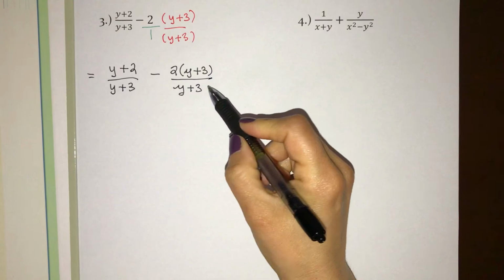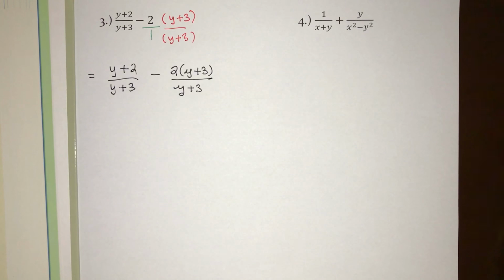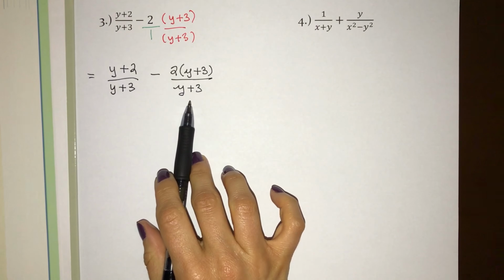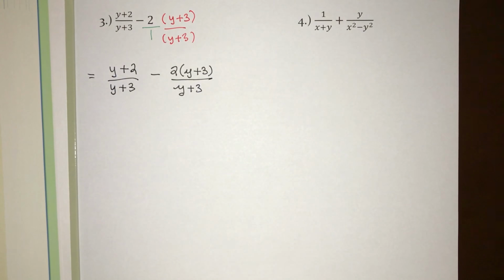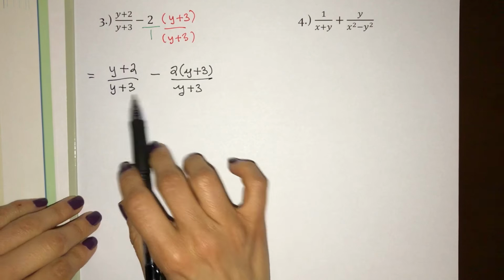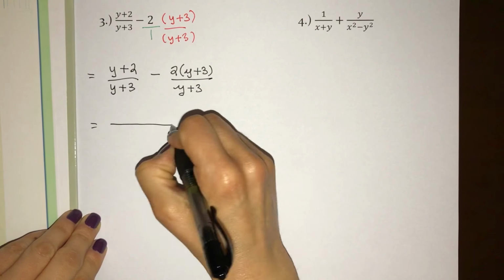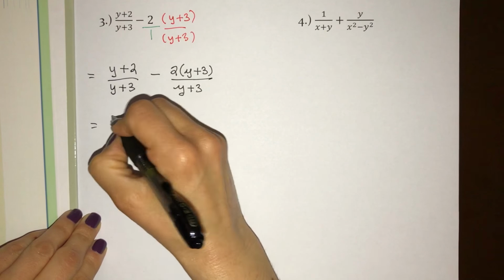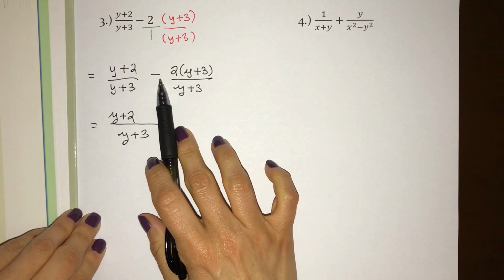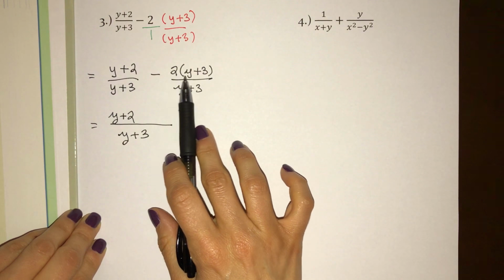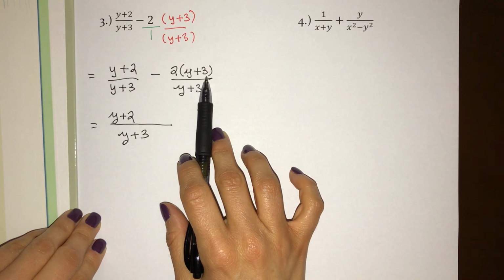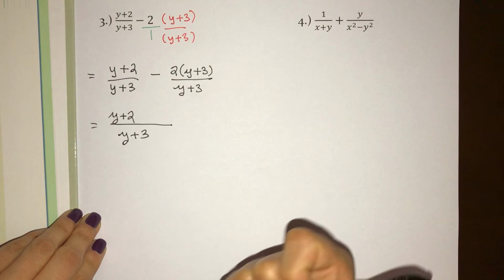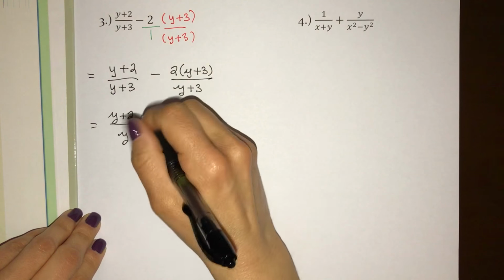Okay, so I have it written this way, and then once you have the same denominator, we're going to follow the same steps as example 1 and 2. Once you have the same denominator, write this as one fraction. And in the numerator, we're going to subtract. Again, right here, this negative applies to everything in the numerator, so we do need to distribute the negative like we did in example 2.